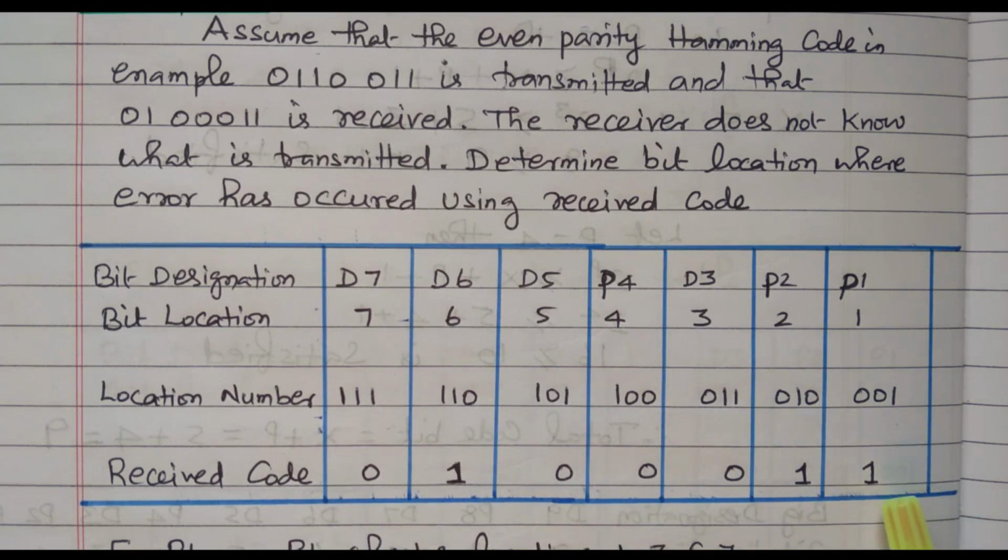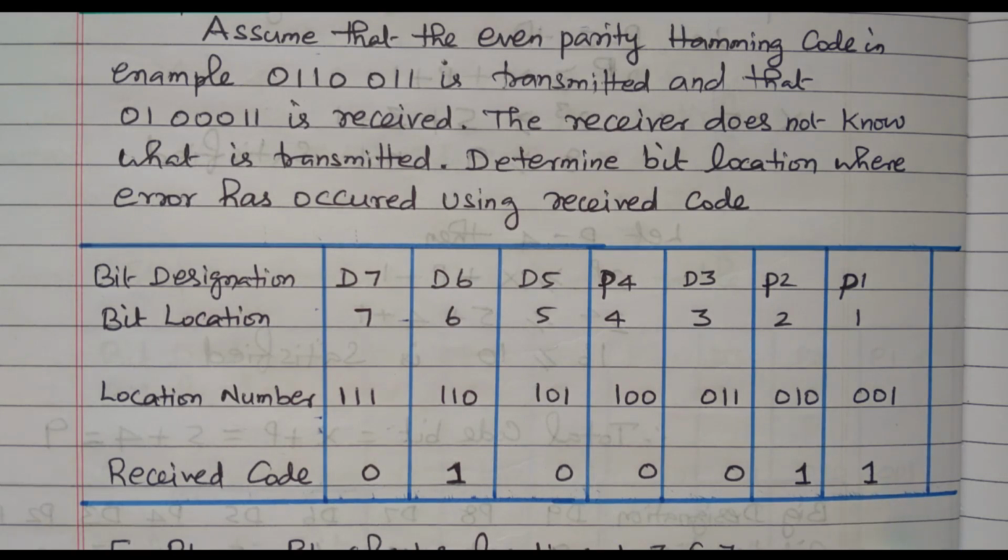In position 1 the value is 1, in 3 it is 0, in 5 it is 0, and in 7 it is also 0. So only one 1 is available. Only one 1 means an odd number, but the parity given here is even parity, right? So for an odd number of 1s with even parity, this value will be 1.